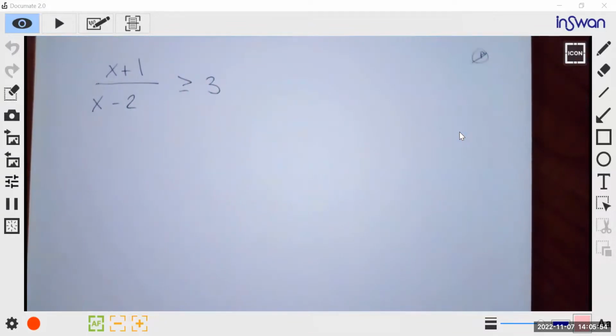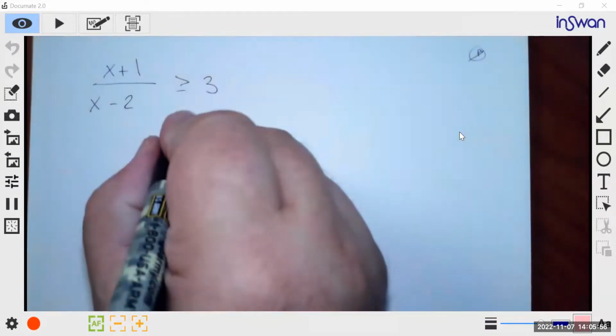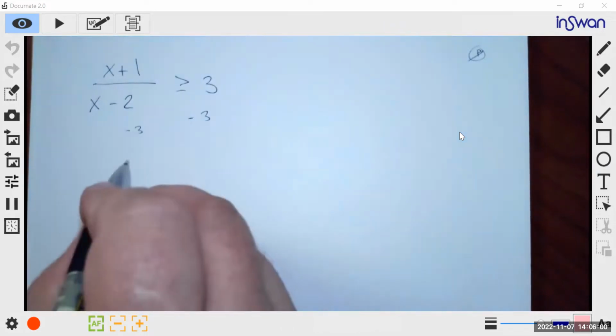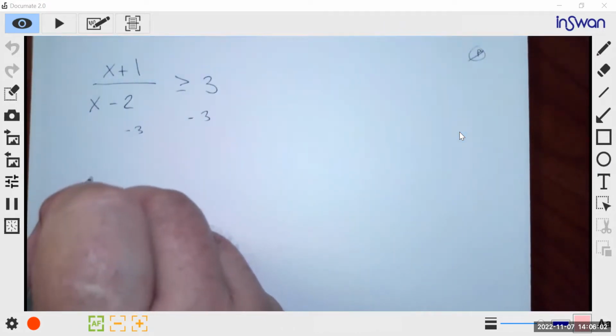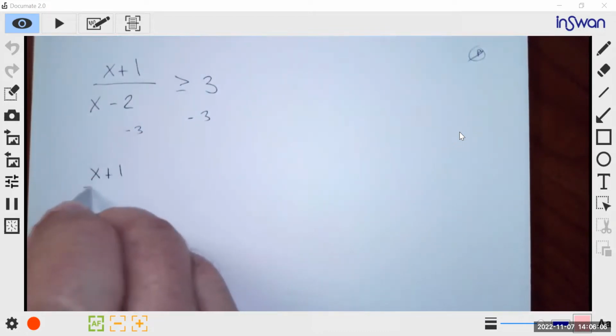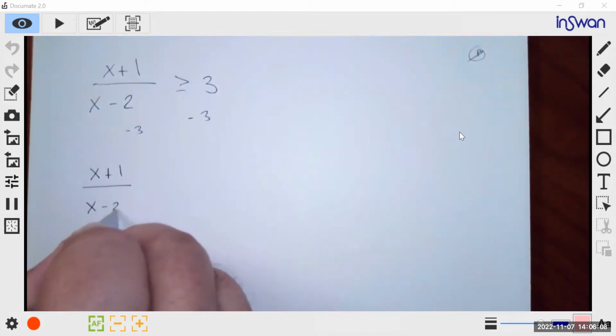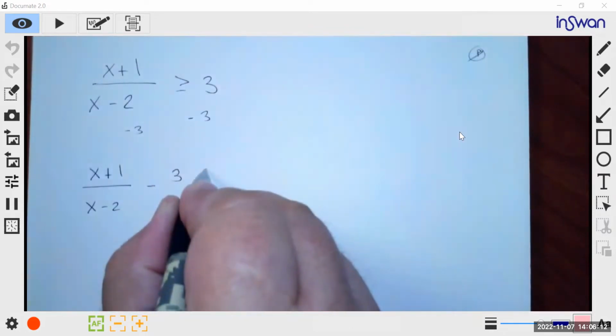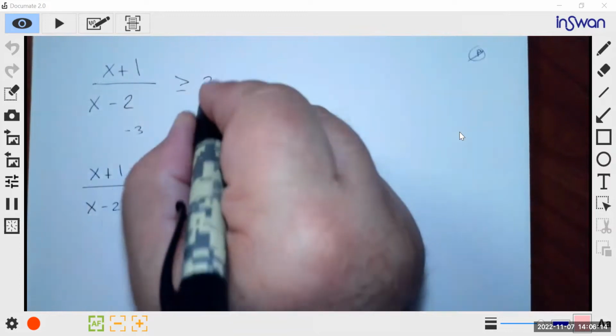The first thing you have to do is move the 3. So we have (x plus 1)/(x minus 2) minus 3 greater than or equal to 0.